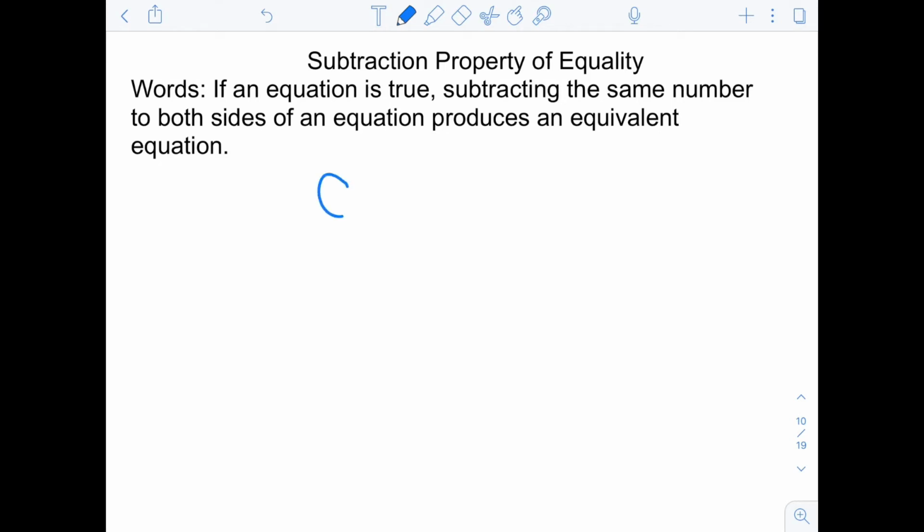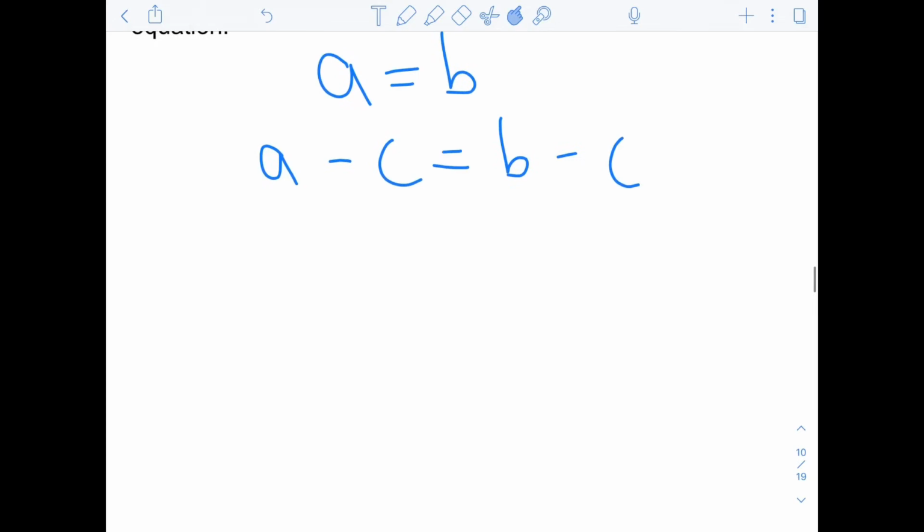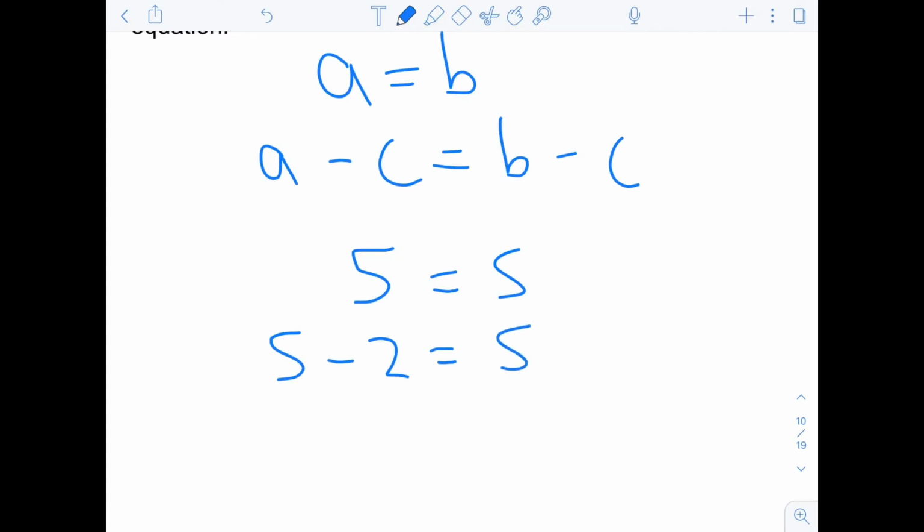So if you have A equals B, you could subtract C from both sides, and that'll produce an equivalent equation. If we have 5 equals 5, I could subtract 2 from both sides, and you'll get 3 equals 3, which is true.